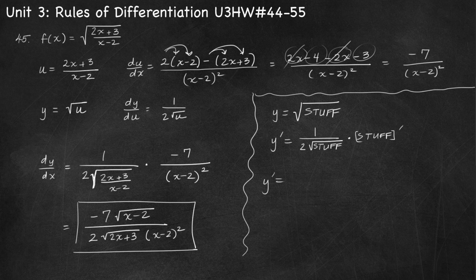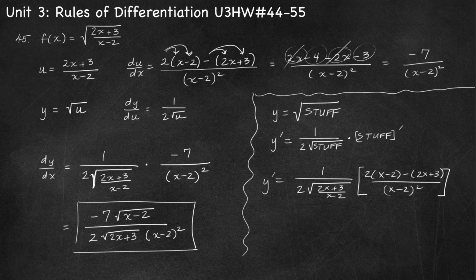So y prime equals 1 over 2 times the square root of (2x plus 3) over (x minus 2) times the derivative of (2x plus 3) over (x minus 2). And for that, we need quotient rule. So you can see we're actually doing all of the same steps. I'm just writing it in an abbreviated fashion. So quotient rule, derivative of the top is 2, then times the bottom, minus top times derivative of the bottom, over bottom squared.